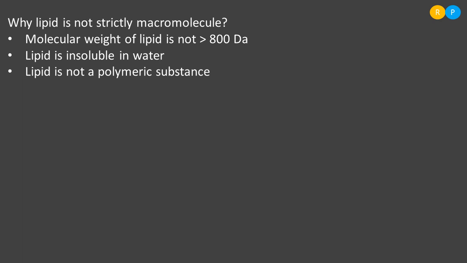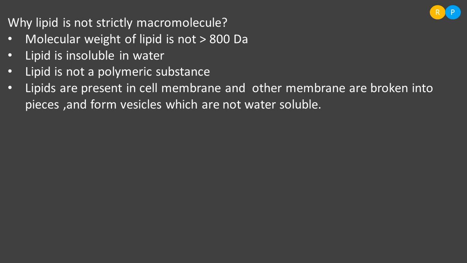macromolecule. Then, lipids are present in the cell membrane and other membranes. They are broken into pieces and form vesicles which are not soluble in water. When we are analyzing the chemicals, we first grind the tissue in trichloroacetic acid.